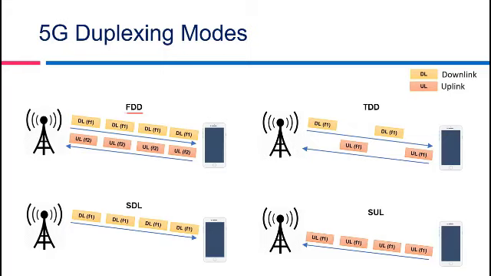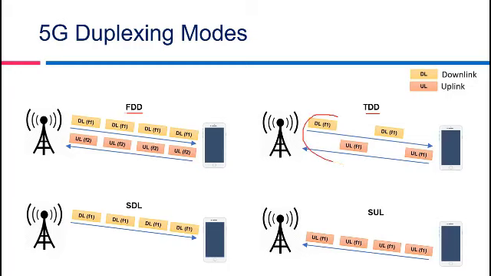So it means in FDD duplex mode we get two frequencies which can be used for downlink and uplink at the same time. Going further to TDD, TDD is time division duplexing, which means we'll be using the frequency F1 at different times.